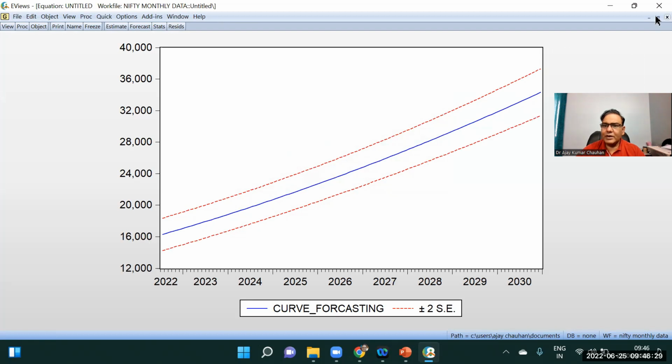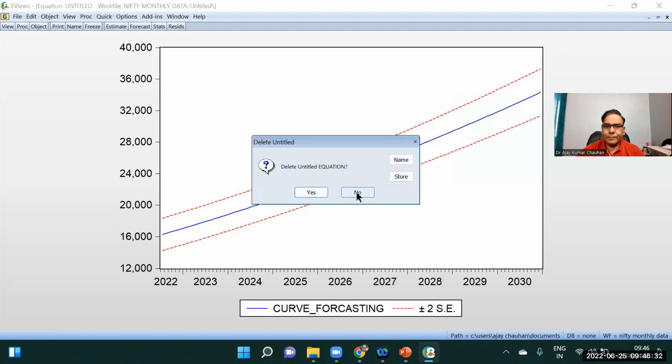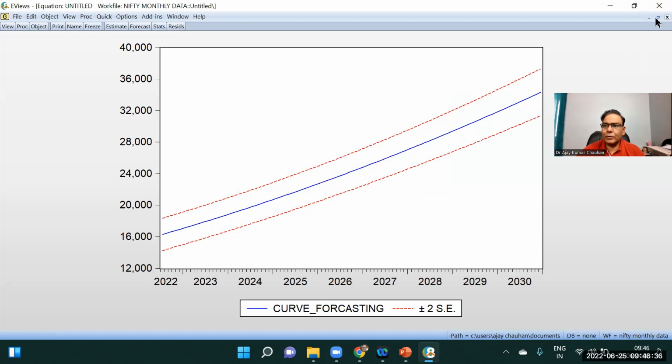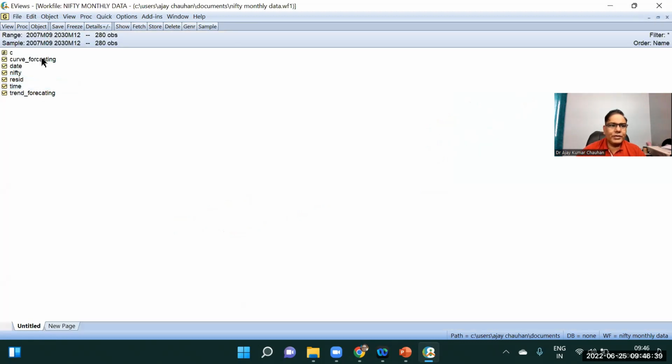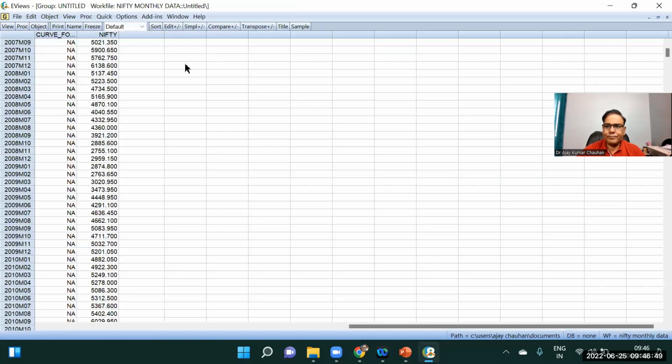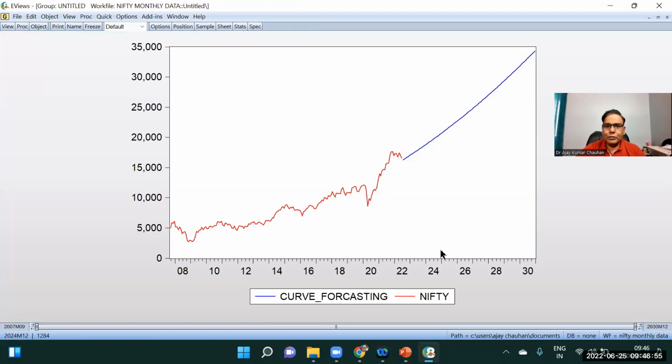We can see the graph separately also. Okay, let me minimize this. If we want to see the curvilinear forecasting, select curve forecasting, select Nifty, and plot it. You can see that because Nifty has shown curvilinear movement in the past 25 years, if in future Nifty continues its past behavior, these are the expected values of Nifty in the next 8 years.